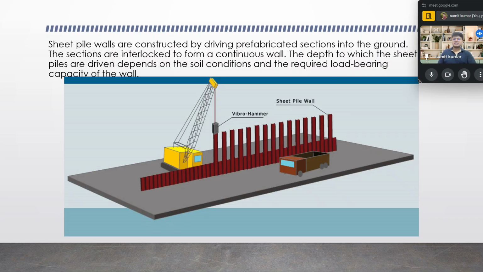Now we see the sheet pile walls are constructed by driving, over here you can see the images, the prefabricated sections into the ground, and these sections are interlocked to form a continuous wall. The depth to which the sheet piles are driven depends on the soil conditions and the required load bearing capacity of the wall.